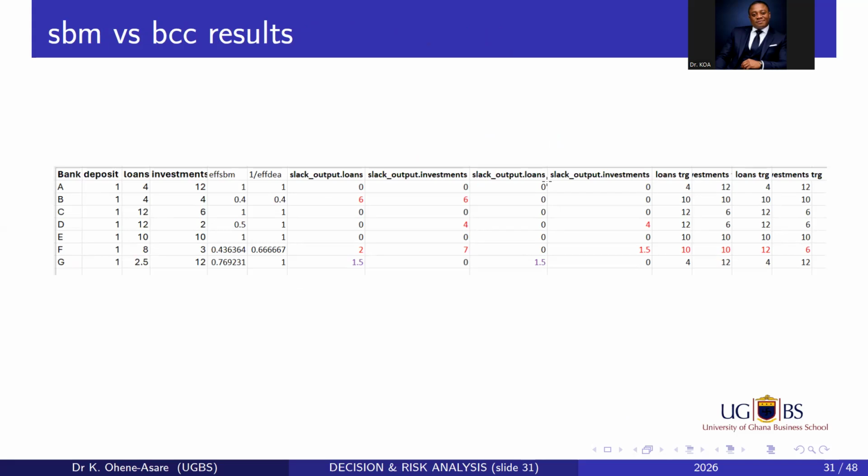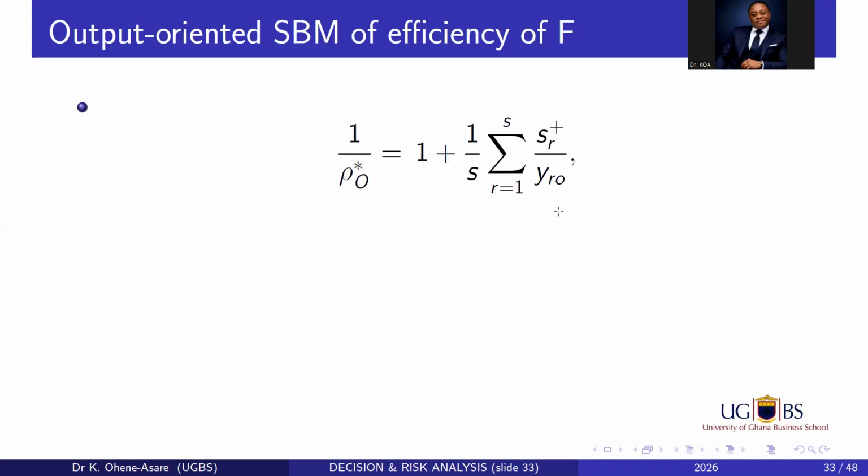So it will be 2 over 8 plus 7 over 3. That's it. 2 over 8 plus 7 over 3. That is what you have here. Guys, you should learn how to calculate this. And what I'm just showing here now is exactly what you will show in your thesis to demonstrate to the reader.